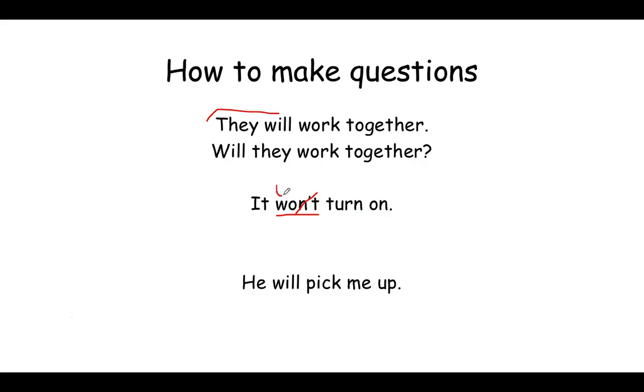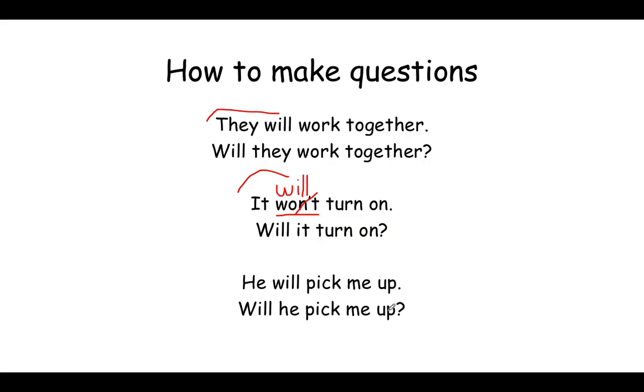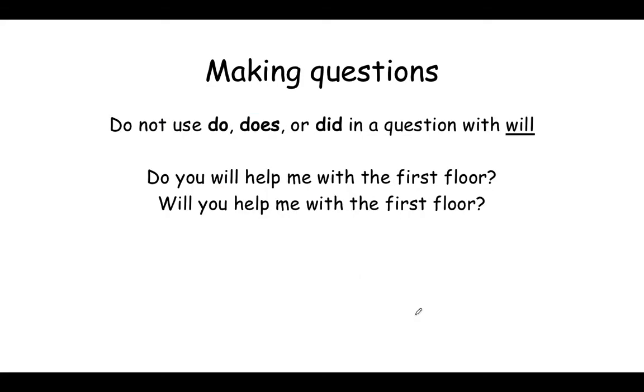You need to change won't to will, and then you put it at the beginning of the sentence. Will it turn on? And that's all you need to do. He will pick me up. Will he pick me up? So you'll see that will, again, just comes at the beginning of the sentence, and then we just keep the sentence the same after that. That's all we got to do. So that's how you make questions.